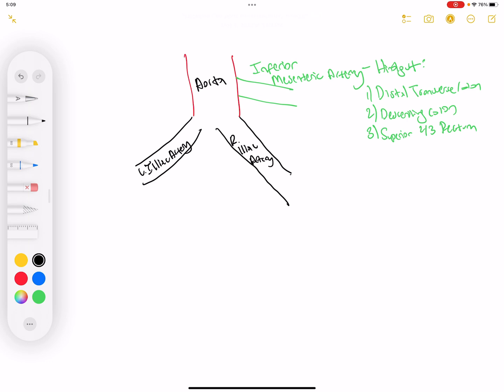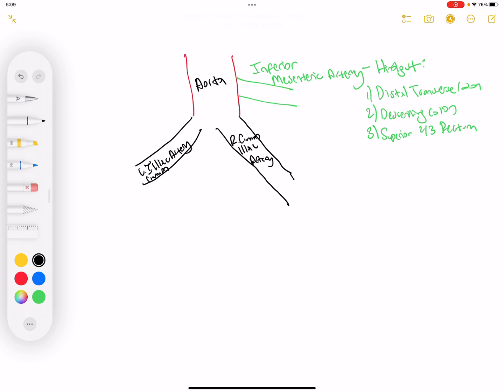Now, the right iliac artery, so these are the common iliacs, okay? So the right common and the left common iliac. Let's include the common part.